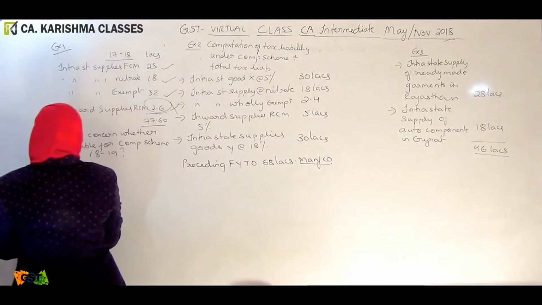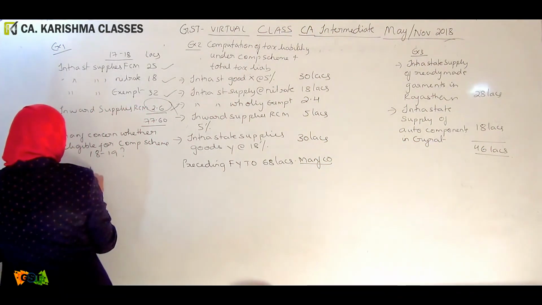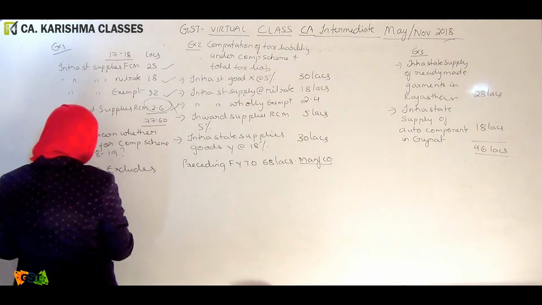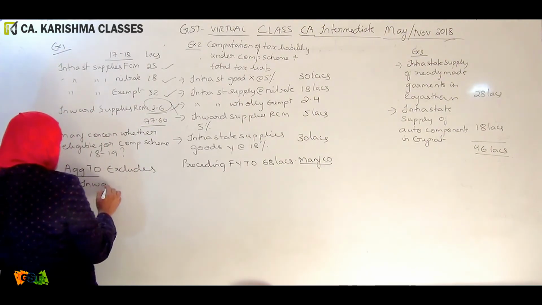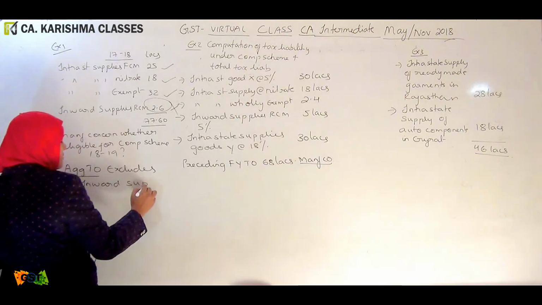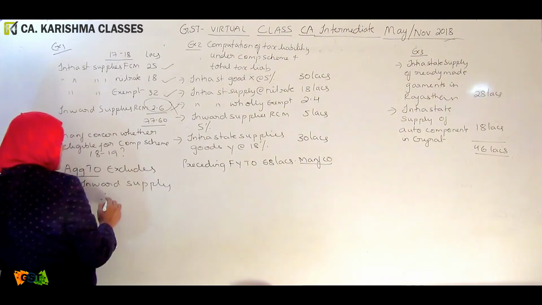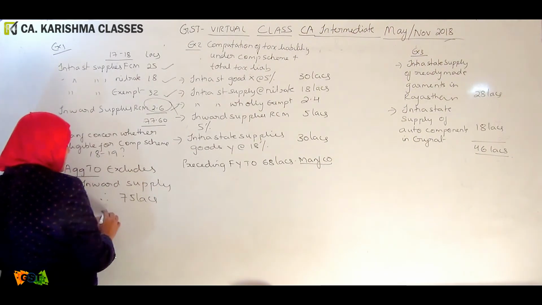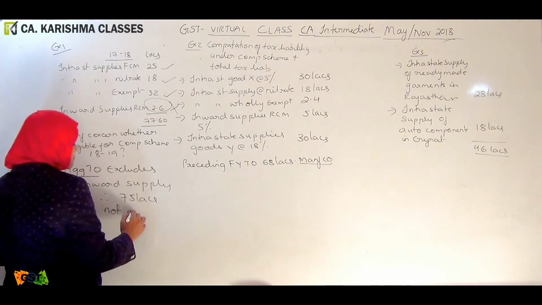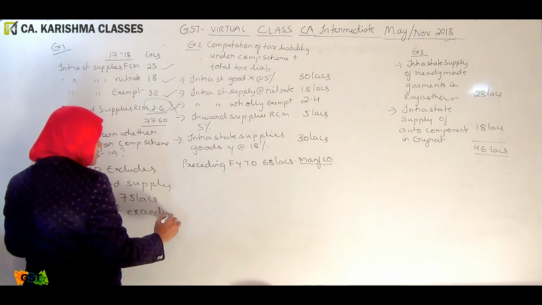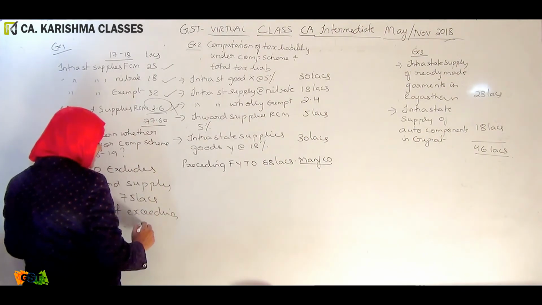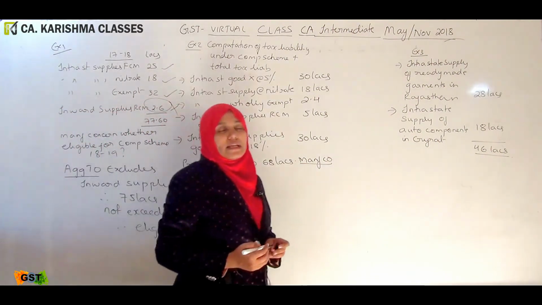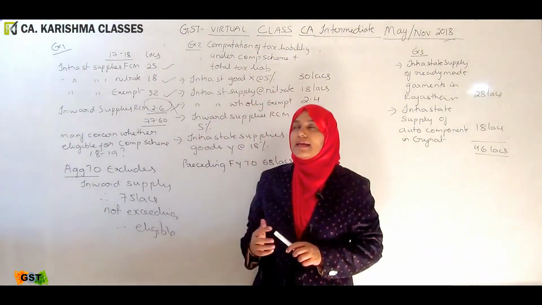So, here you have to go by concept of aggregate turnover. Aggregate turnover excludes inward supply. So, therefore, aggregate turnover is 75 lakhs, which is not exceeding. So, therefore, eligible for composition scheme. So, this was a test on what do you mean by aggregate turnover.